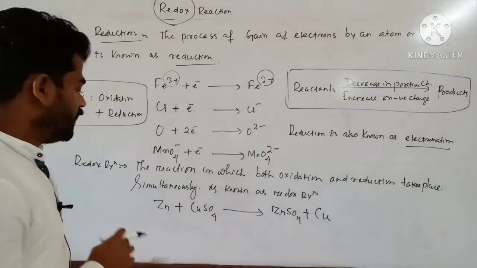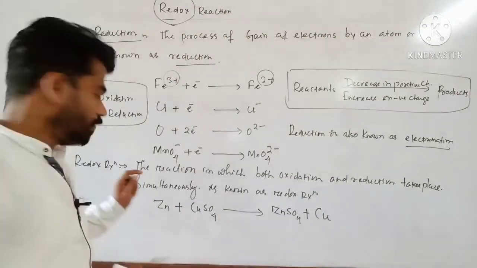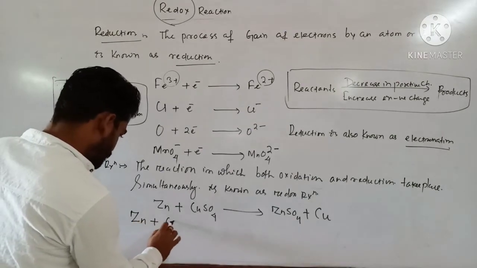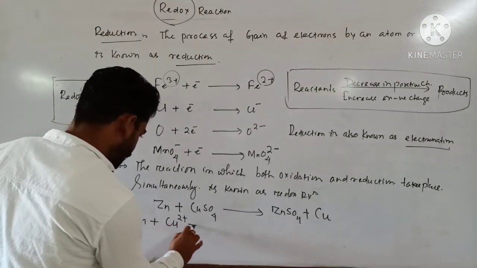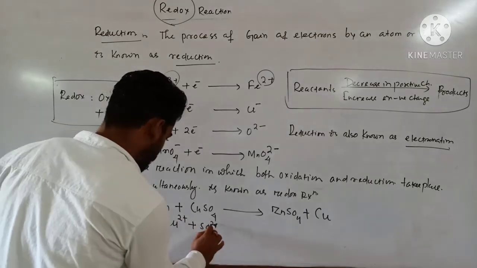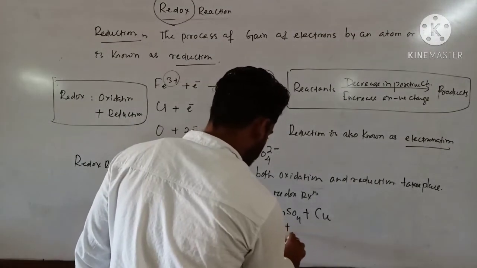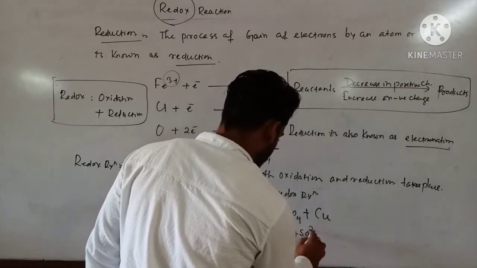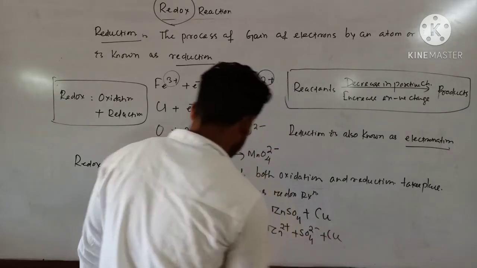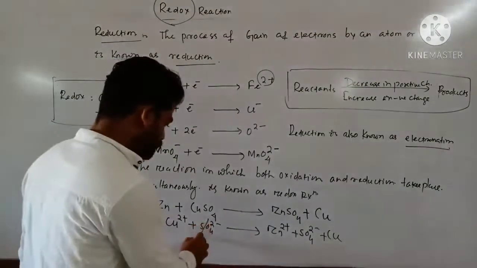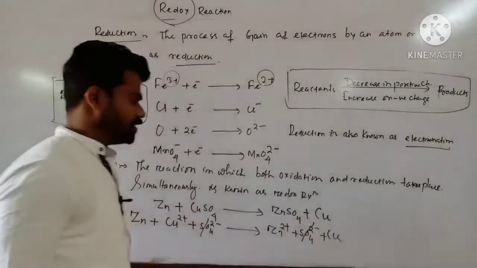If you need to write down its ionic form, what can I write? Zn plus Cu2+ SO4 2- get converted into Zn2+ SO4 2- plus Cu. So these sulfate ions are common in both sides. These are known as spectator ions, get cancelled to each other.